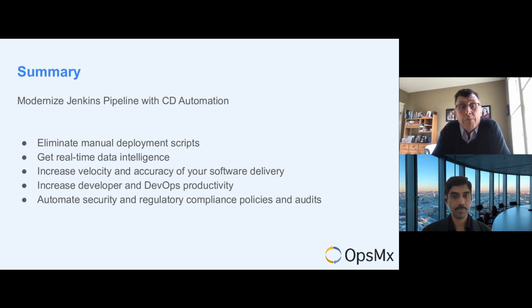And therefore, we enable the increasing velocity and accuracy of software delivery. More importantly, we give the flexibility, so we enable product developers and DevOps teams to be very productive. And finally, of course, we're automating security and regulatory compliance policies and audits within the pipeline. So to walk away with a couple of summaries, those would probably be it.